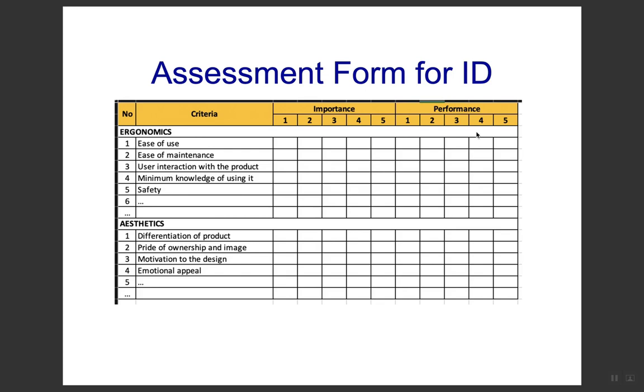Of course, this is not the final performance, because final performance is when you already have the final product. But if not, you can relate this performance to assessing the final concept. Then importance is for investigating the importance of each criterion. Okay guys, you know the difference, right?